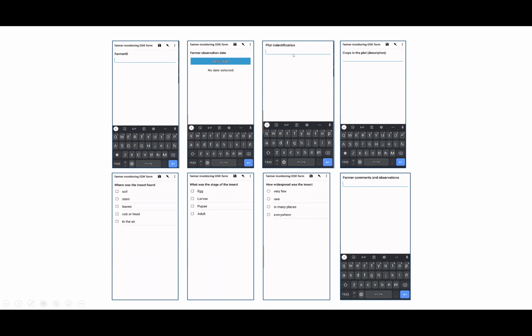Notice these are little squares, which means they can select more than one at a time. And what was the stage of the insect? Egg, larva, pupa, or adult? How widespread was it? Very few, rare, in many places, everywhere, and that is one only. And farmer comments. This is a decision that is made and determines what we're going to record.